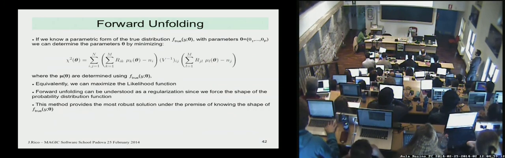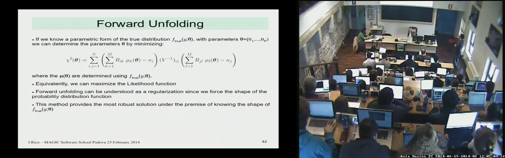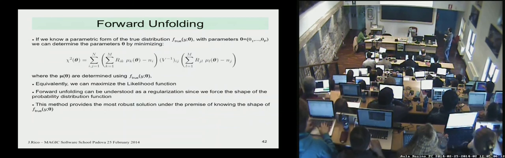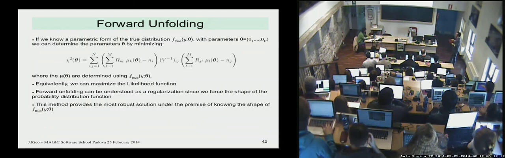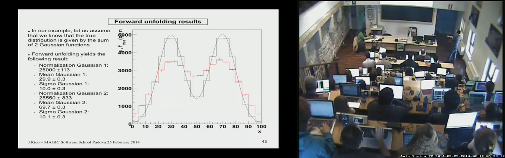And as I said, this unfolding can be understood as a regularization, since we force the shape of the probability density function. And if you know an expression for your true PDF with some free parameters, then this provides the most robust solution for the problem. But for us, it's not useful in many practical cases.